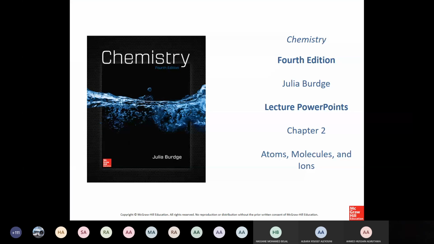Okay. Now we are in chapter 2. Bismillah ar-Rahman ar-Rahim. What's the title of chapter 2? Atoms, molecules, and ions. Good. Is this clear?